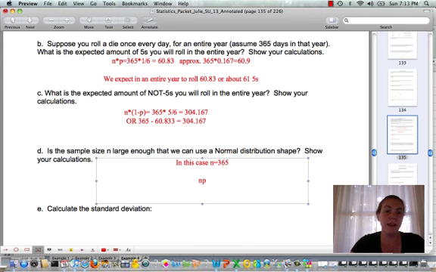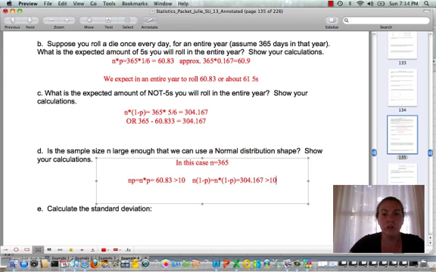And this is in fact greater than 10. We also have to check n times 1 minus p, which we just calculated. It's the same calculation whether I put the star or not. So above I said star for multiplication. Star, parentheses, or just saying n times that value is the same calculation. And we calculated that to be n times 1 minus p as 304.167, which is also greater than 10.